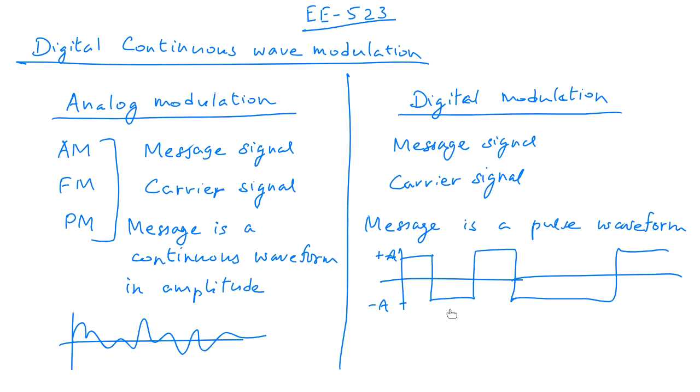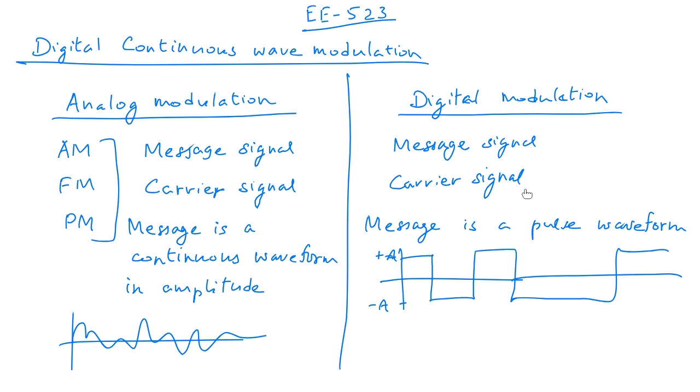So digital modulation has a message signal which is digital, and analog modulation has a message signal which is analog. The carrier signal in both cases is the same. In analog modulation you had a high frequency sinusoidal carrier, and in digital modulation we also have a high frequency sinusoidal carrier.